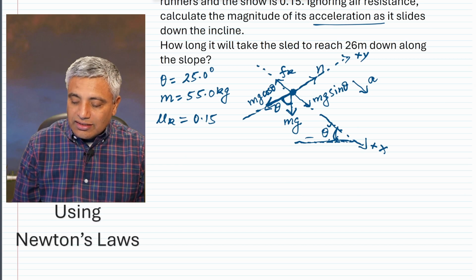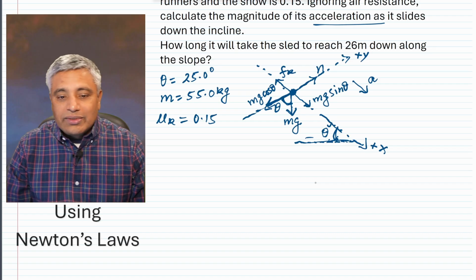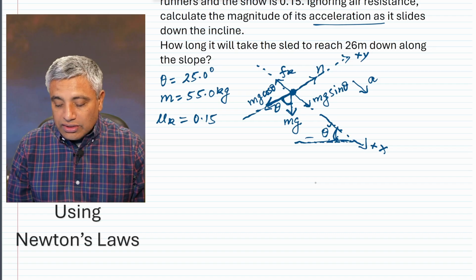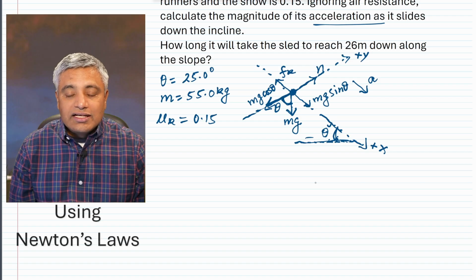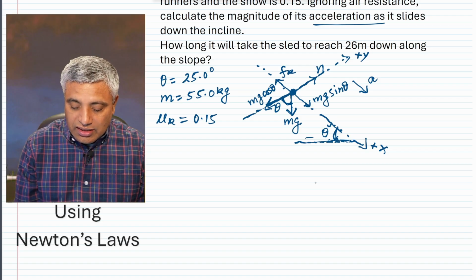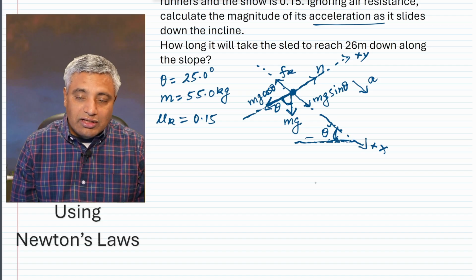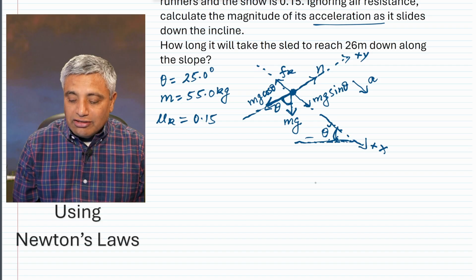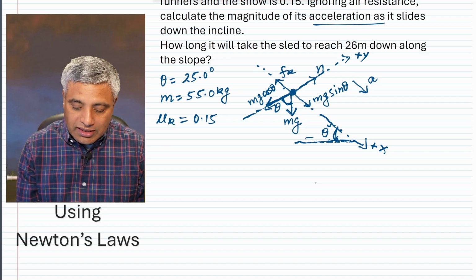Now let's write the equation. Acceleration is along the plane, so we want to use Newton's law along the x direction, so that the acceleration is going to be in our equation. The direction we already figured out is down along the hill, and for the value of acceleration I am assuming a, so we want to find a.